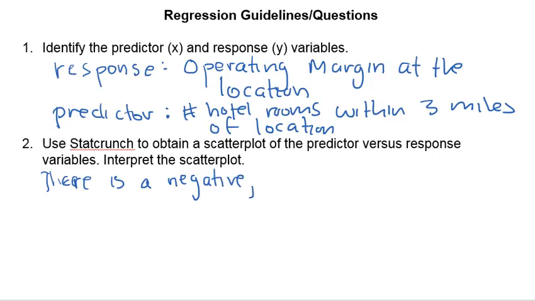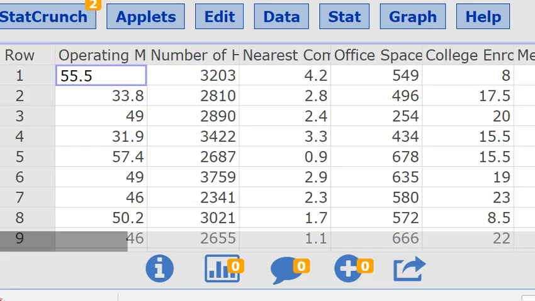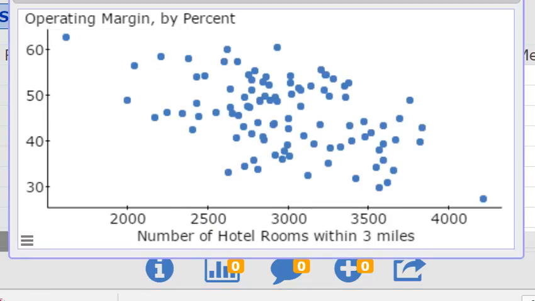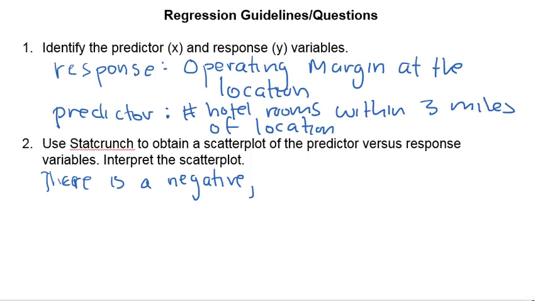and we said it looks fairly linear. Let me take a look at that scatter plot again. When I say linear, what I mean is that basically, sorry, you can't do that. All right. Get off there. Deselect that. What you have is a relationship that's a fairly constant decline. It's not like speeding up or slowing down. It's fairly constant. So there's a negative, and I think it's a linear.